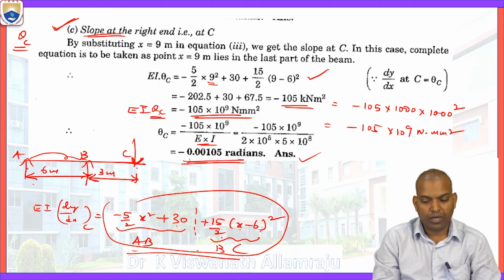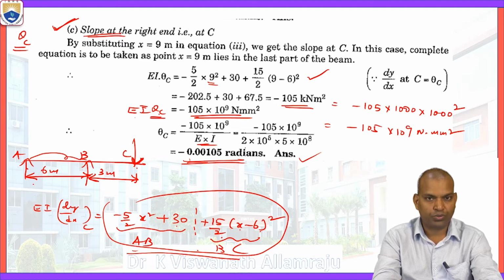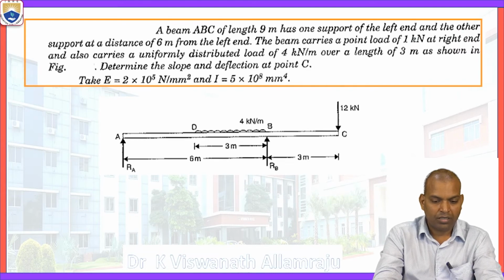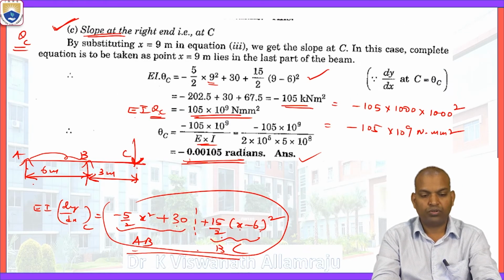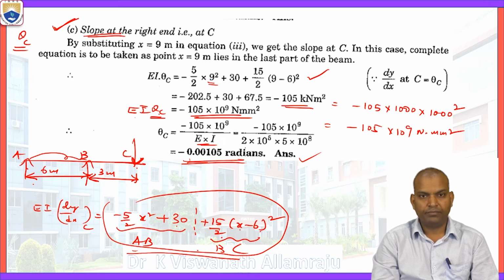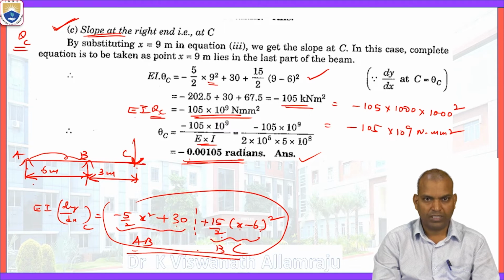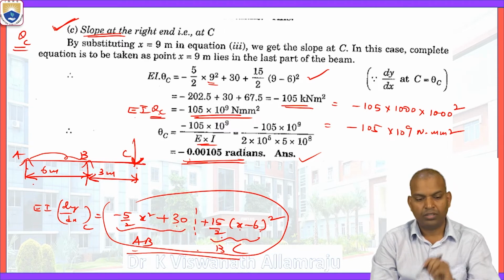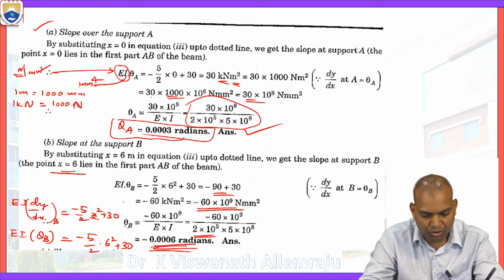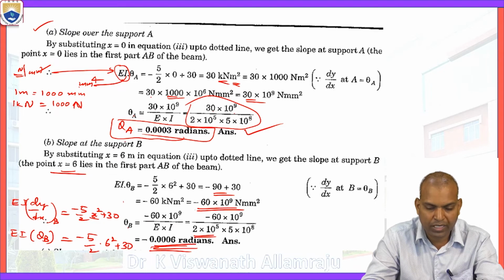So in this problem we calculated the slopes at support A and support B. So far we calculated the slopes at support A, at support B, and at C, not at support C, at the concentrated load point C. At the concentrated load the slope is negative, at support B also negative, but at support A it is a positive value.